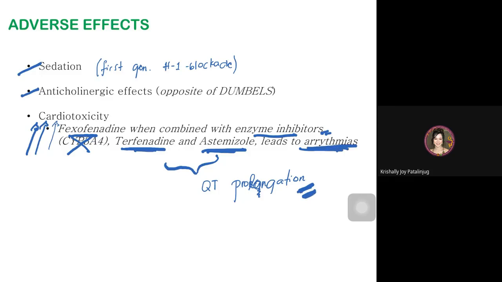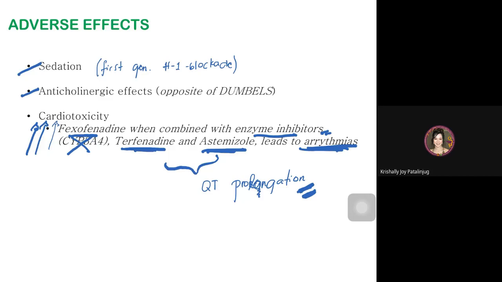Sige lang, under cardiovascular drugs, inyong ma-learn ang theories or the physiology on QT prolongation ng ECG. So these are the important adverse effects that you have to note under H1 blockade.